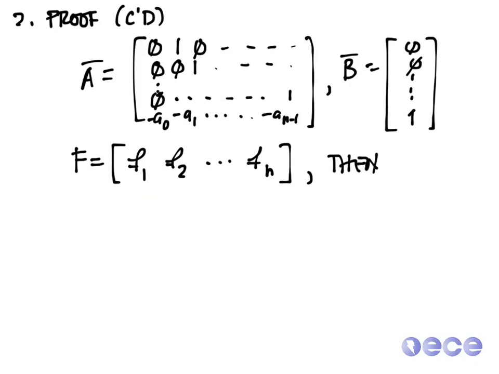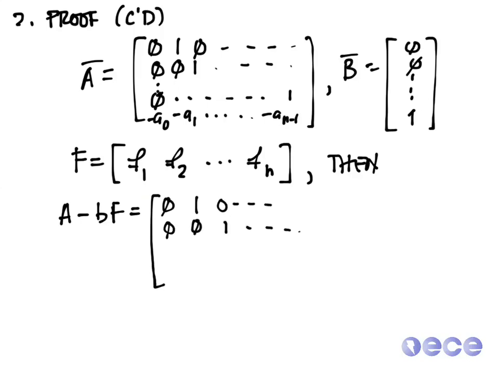So with this choice, then we can write our system of equations. So we can say A minus B times F is equal to 0, 1, 0, 0, 1, etc. And we're finally going to have values that show up only on the very last row.